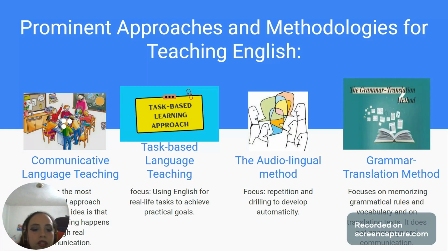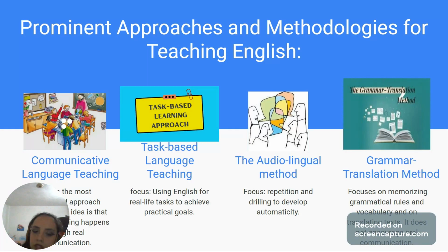The second approach is task based learning, or TBL, and it is often considered a branch of the communicative approach. This method takes it a step further. It says that learning occurs by completing meaningful tasks.